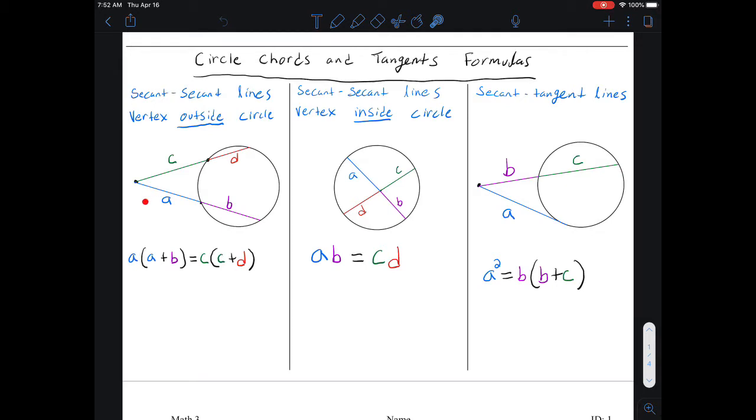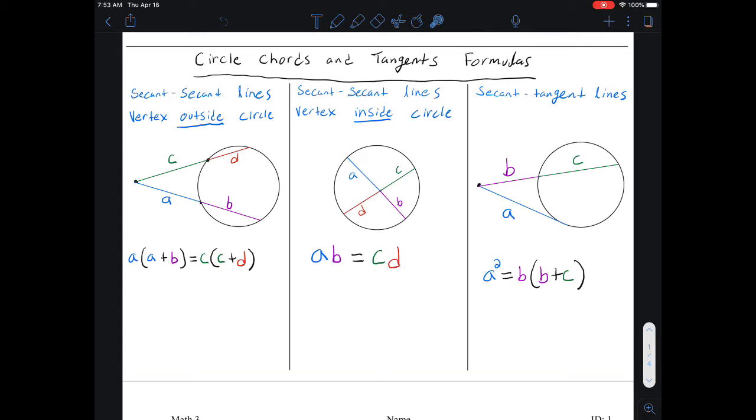I have it color-coded and labeled A, B, C, D: the length of segment A multiplied by the overall length of the chord, which is A plus B, is equal to the length of segment C times the overall length of that secant line, which is C plus D.